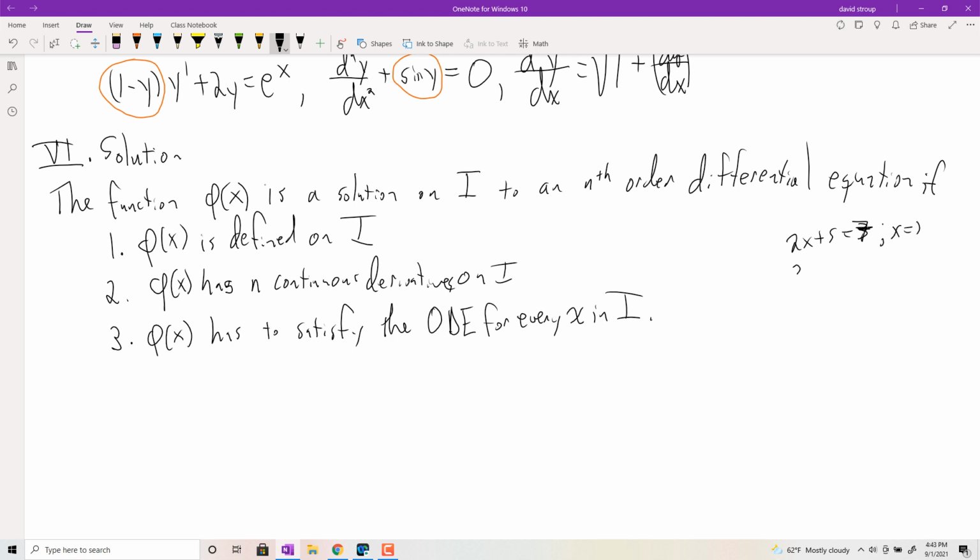So to show it's a solution, you plug it into both sides. In this case, it's only the left side. You get 2 plus 5 is 7. So 7 is 7. So that satisfies the original equation, and therefore it's a solution. Okay. So anyways, there's that. I'll just note here, I is called the interval of definition.